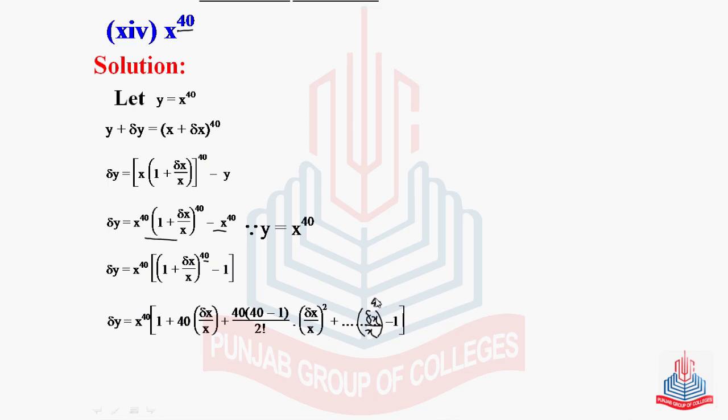This is the only difference from all other parts, due to this positive power, and at the end this minus 1 will remain the same. So this one is the only difference, and you people must note this step, that you must write an n-th term here, and almost all the steps become the same thing.